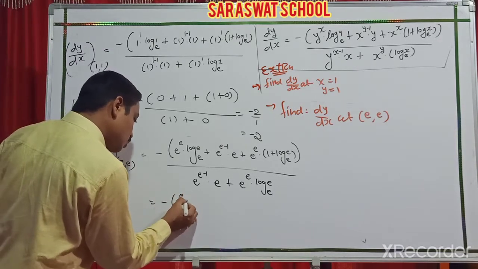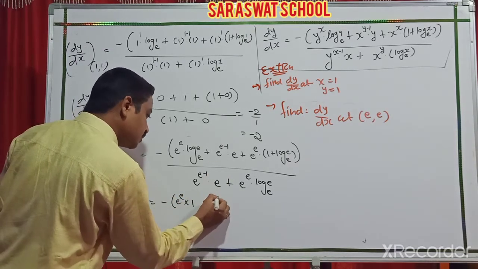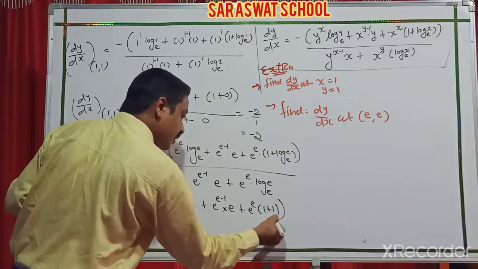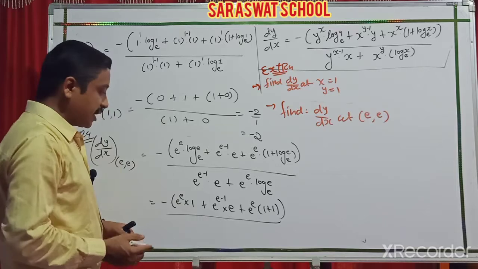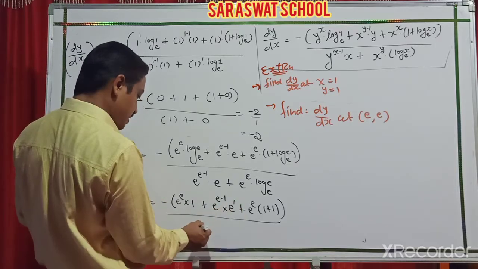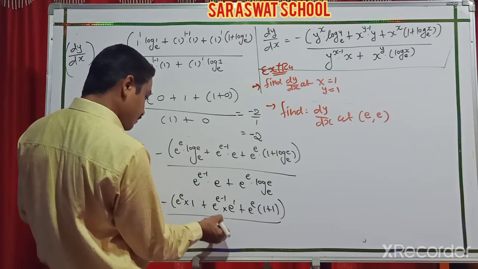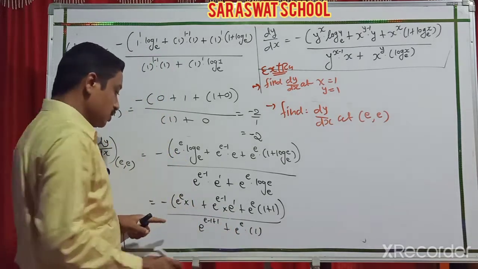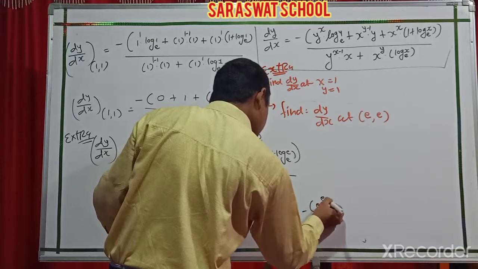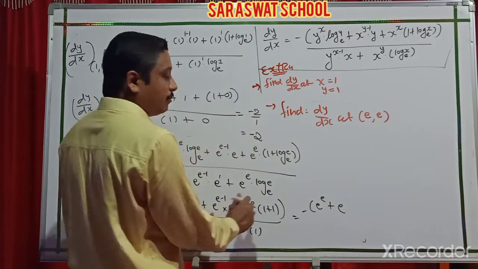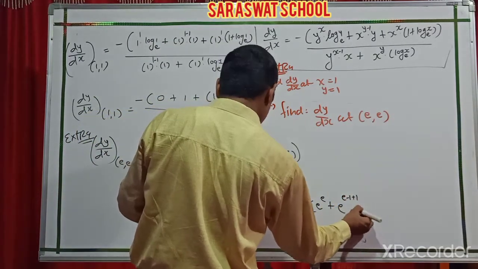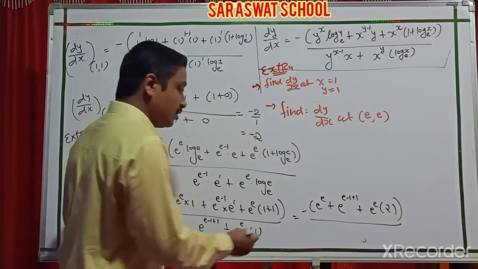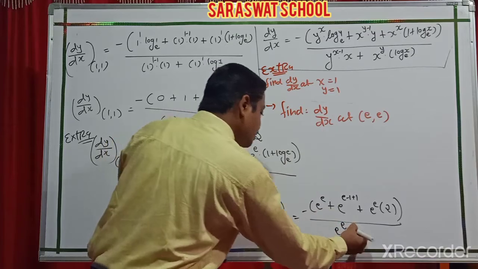So e raised to e into 1, plus e raised to e minus 1 into e, plus e raised to e into 1 plus log e base e, which is 1, upon the same. Can you add these numbers? Yes: e minus 1 plus 1, and here e raised to e log e base e is 1. So my answer is e raised to e plus, with the same base, the powers add, e raised to e and 1 and 1 make 2, upon e raised to e plus e raised to e.